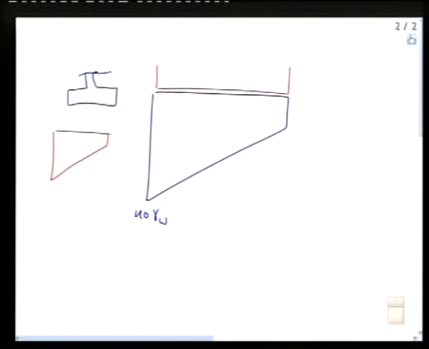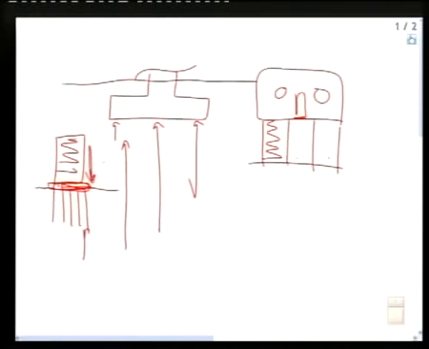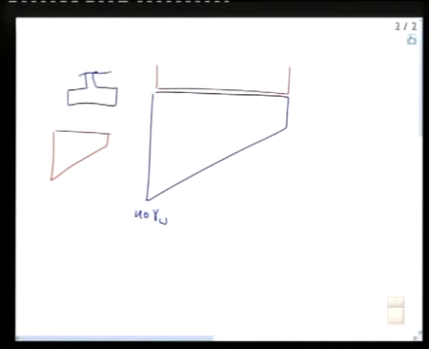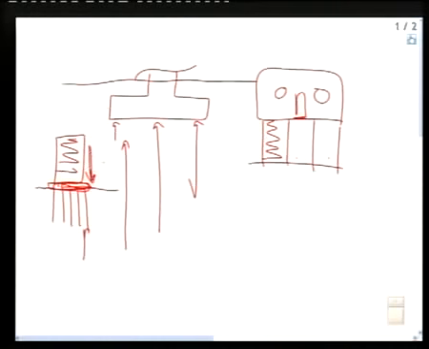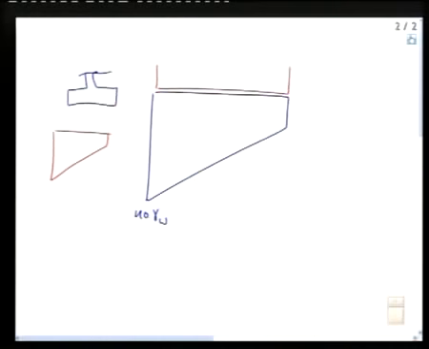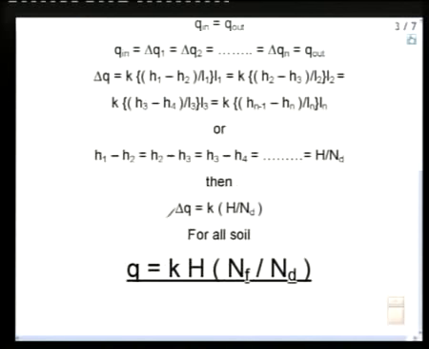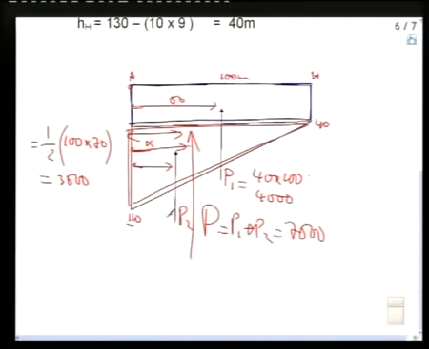We did not multiply by gamma water, but it's obvious that we always have to multiply by gamma water to find W. This P at the end must be multiplied by gamma water to get W, to compare P with W. Now, let us go back here.